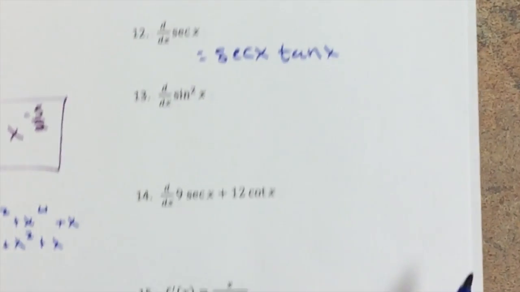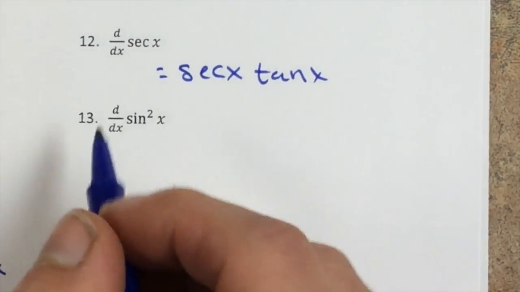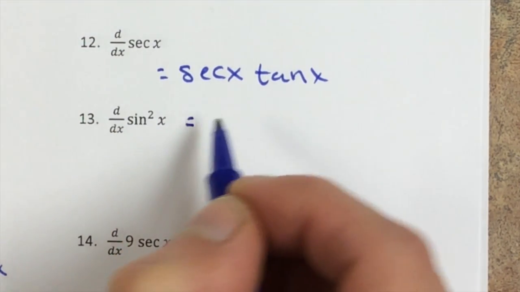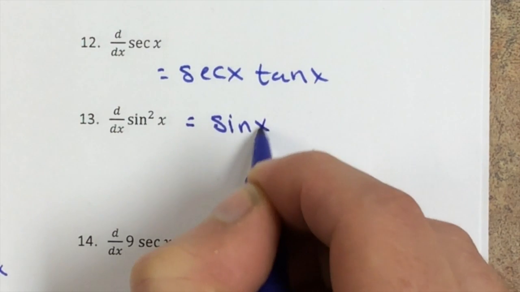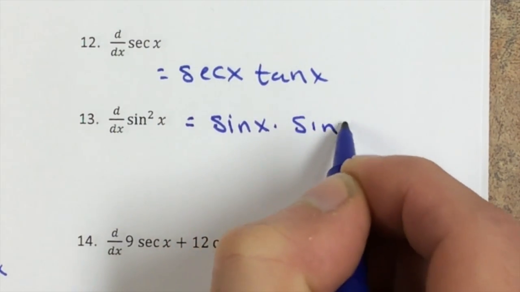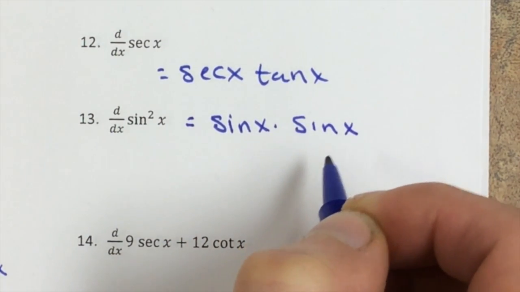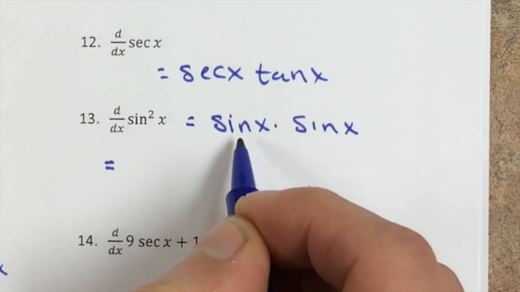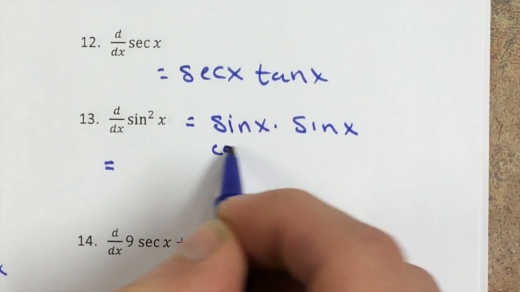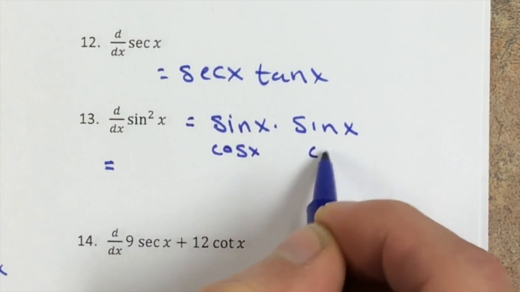So 13. For our purposes right now, all we know how to do is the product rule or the quotient rule. So I can write out sine squared as sine x times sine x. So that means, what's the derivative of sine? Cosine. Same thing, cosine.